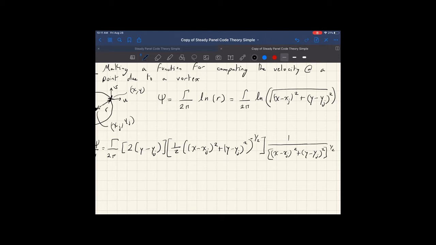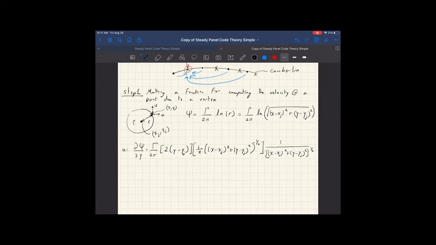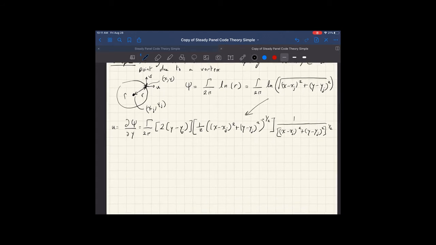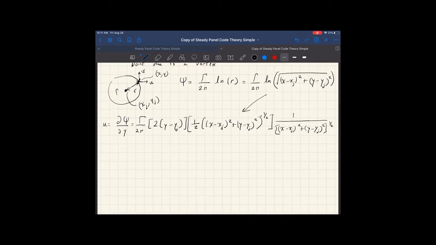So you can double check this expression. This is simply the chain derivative of this expression here, which simplifies to gamma over 2 pi times y minus yj over x minus xj squared plus y minus yj squared.